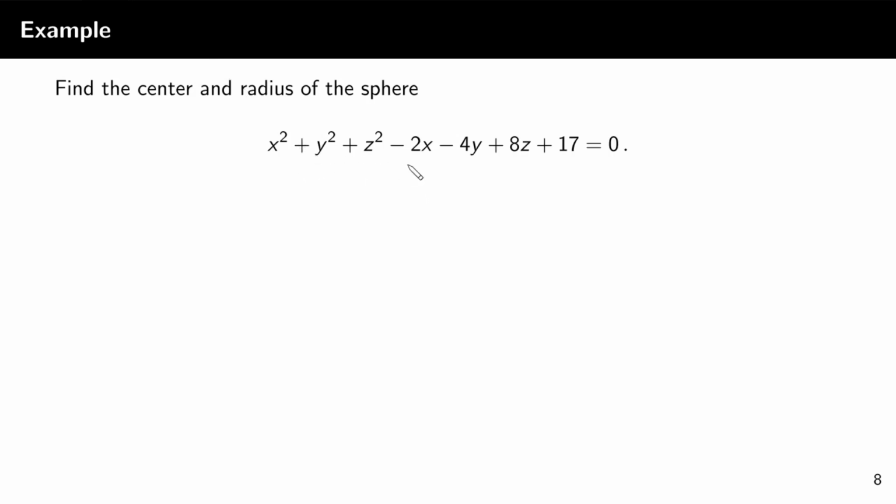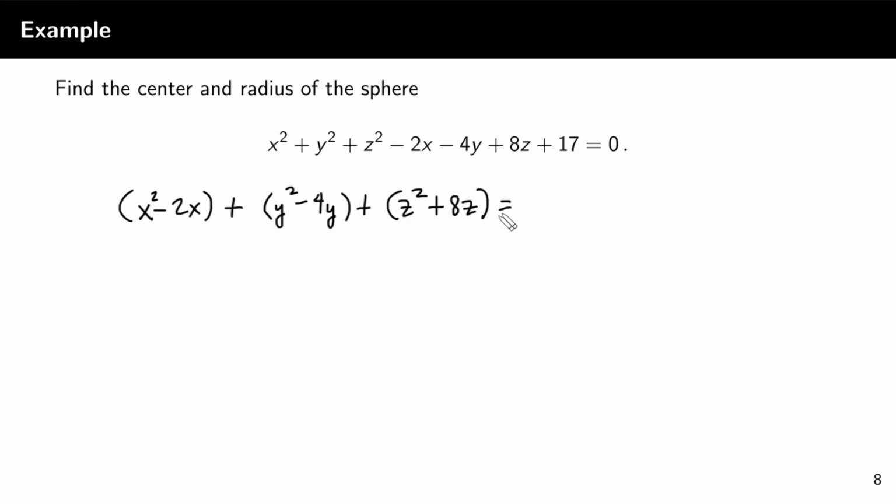all the terms containing x. So that's x squared minus 2x. Then let's also collect all the terms with y. There are only two of them, y squared and minus 4y. And then all terms containing z, also only two: z squared plus 8z.